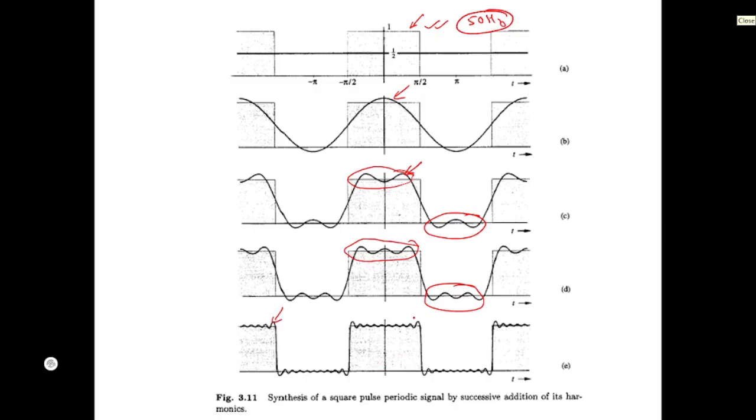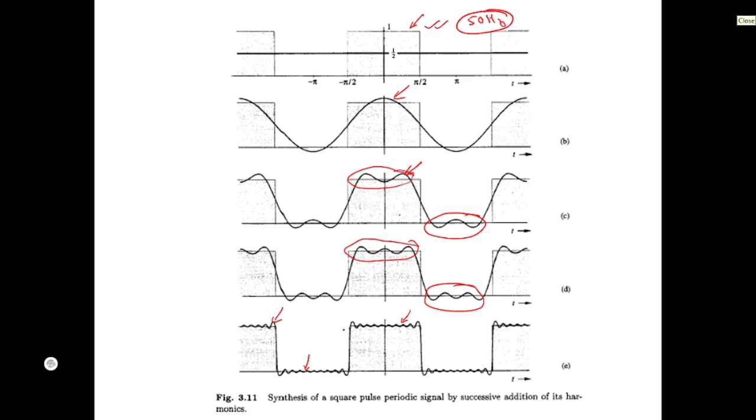But there are some ripples over here. These are called ripples, these small corrugations. It is not exactly fitting the square wave, but you get some corrugations, and these are regarded as the ripples.